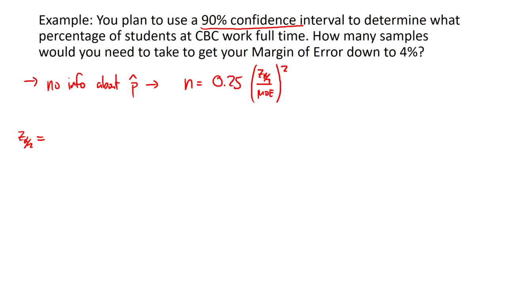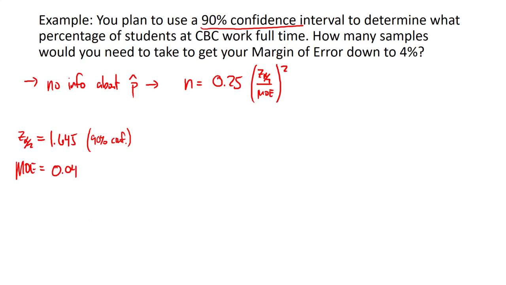So since you already know what confidence level you're going to pick, you just use the 90% z multiplier, which comes straight off the table. It would be 1.645. And then what's the margin of error we're trying to get down to? Well, it tells you right there. It's 4%. But it should always be in proportion or decimal form.